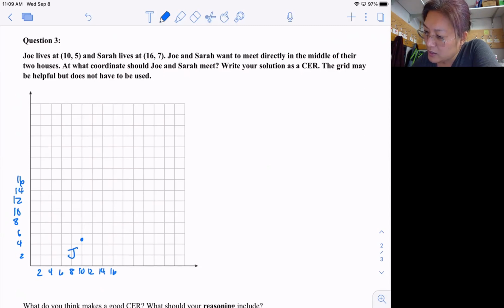Sarah's at 16, 7, 2, 4, 6, 7. So we know they're going to meet somewhere right in the middle. So we just need to know where the middle is. So if Joe and Sarah are our endpoints, absolutely, there are endpoints, so we need to find our midpoint.